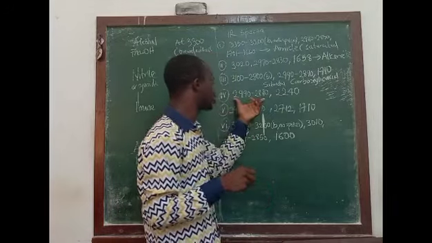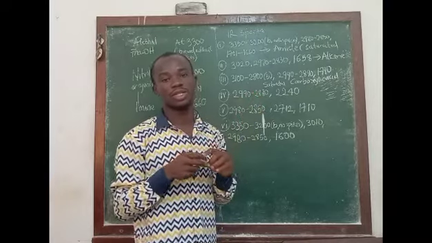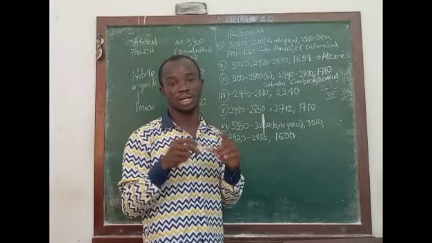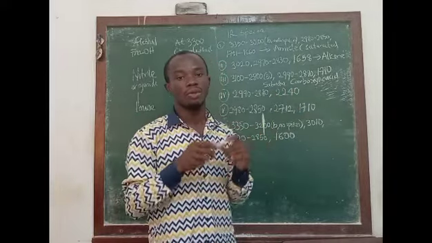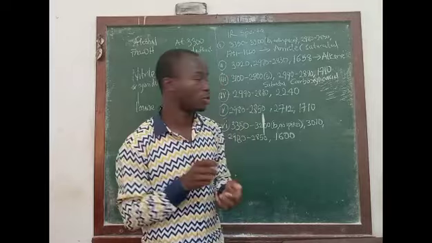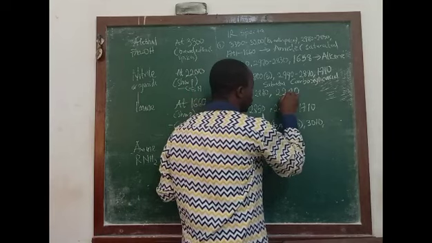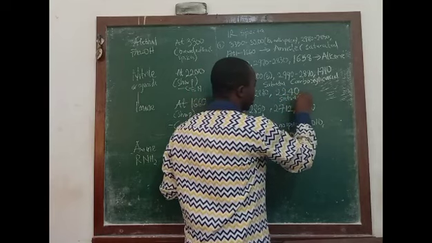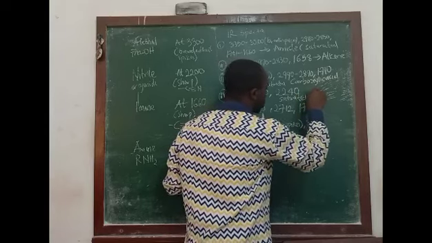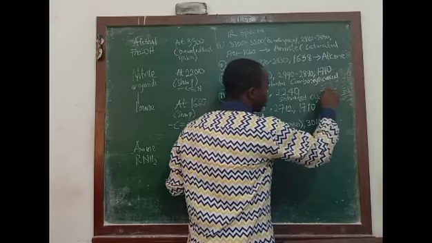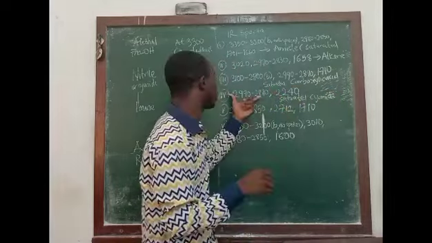So with the signal just below 3000, which represents saturated carbon, and the signal at 2240, which represents the C triple bond N stretching vibration, we can conclude that this compound is a saturated cyanide.